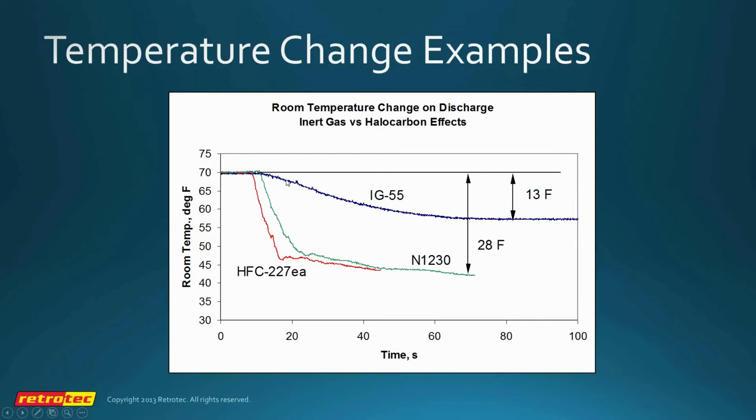compared to, say, IG55N inert, which has a very, very slow taper, only 13 degrees Fahrenheit pressure drop, but more importantly, over a very long, protracted period of time, so that there is not much or no negative pressure spike, but the little bit of cooling that happens with the inert does reduce the amount of the positive pressure spike that is felt.